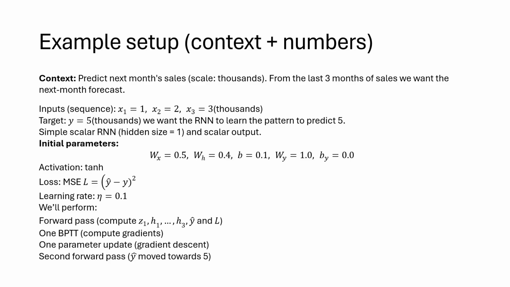So we're going to perform, as we said, the forward pass, the BPTT, backpropagation through time, and then perform the parameters update using gradient descent, and then we're going to do a second forward pass. Hopefully the predicted y will move closer to the target, which is 5.